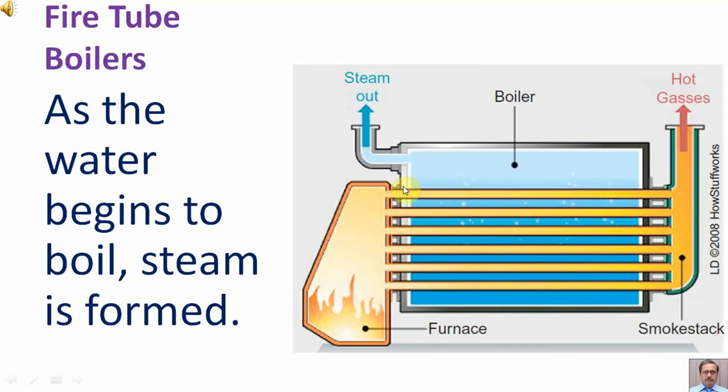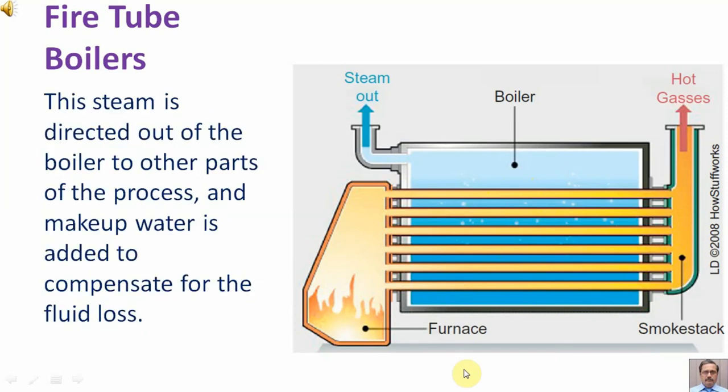As the water begins to boil, steam is formed. The steam is directed out of the boiler to other parts of the process, and makeup water is added to compensate for the fluid loss.